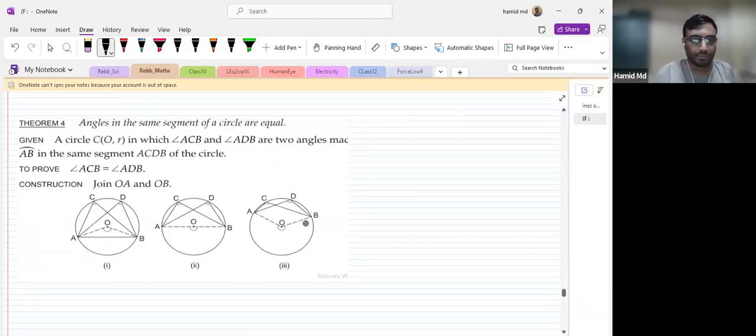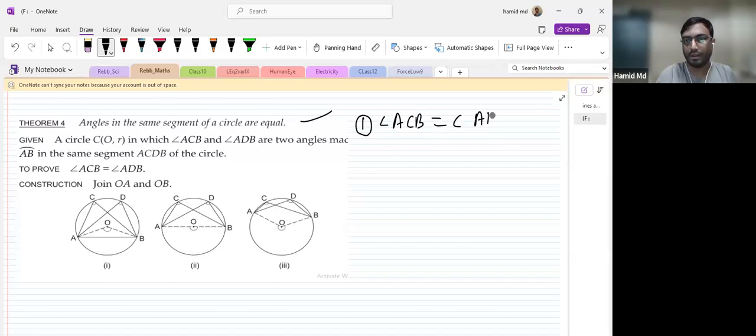Okay, so how will we solve this? The question is that angles in the same segment of a circle are equal. We have to prove that angles in the same segment of a circle are equal. It means that for the first case, angle ACB equals angle ADB, right?